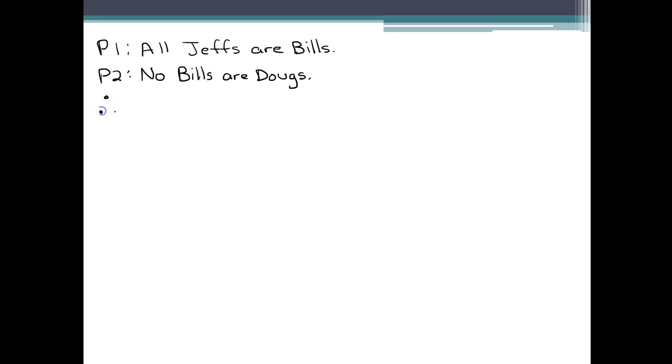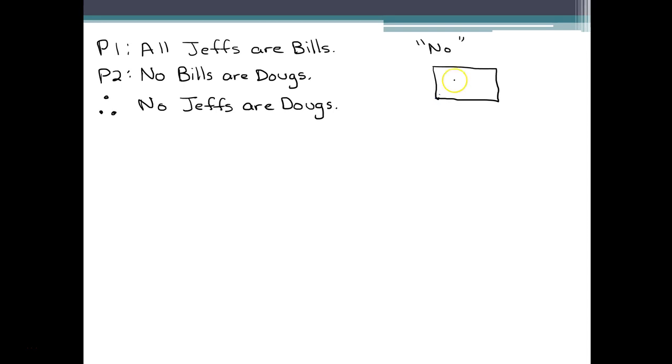And conclusion, therefore, no Jeffs are Dougs. If you see the word no, when you go to draw your Euler diagram, you're going to have regions that don't touch each other. So that's something to keep in mind with the word no. And then we already know with the word all, you're going to have basically nested circles.